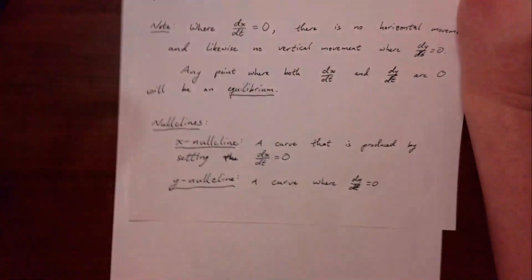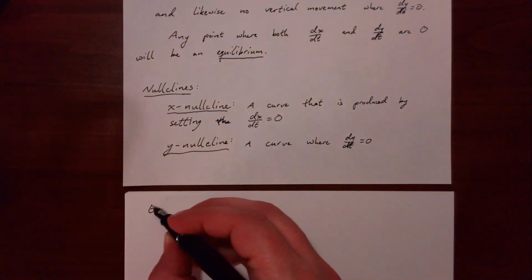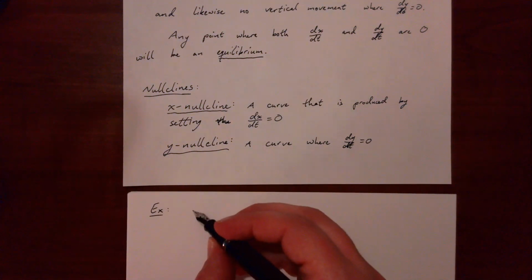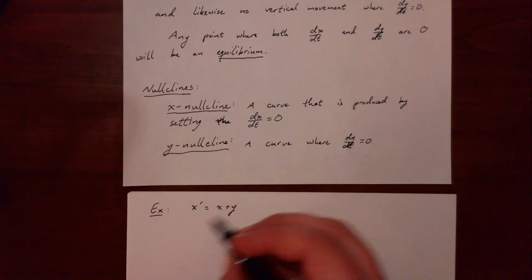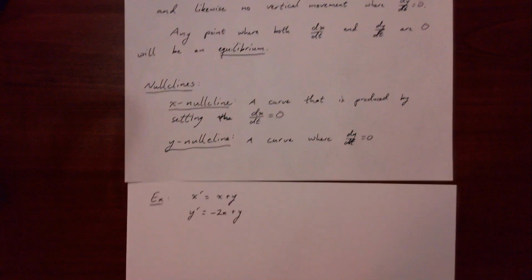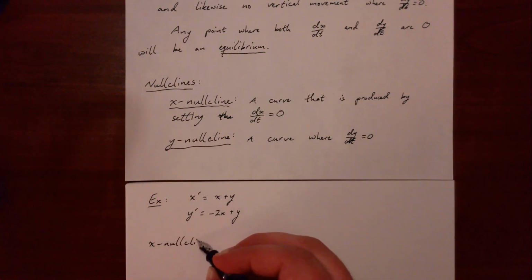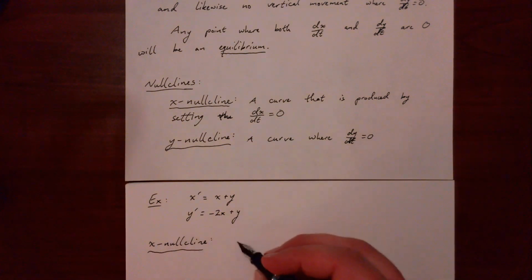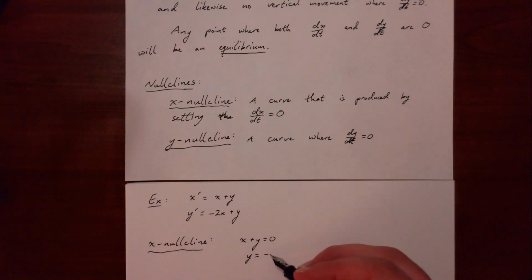So as an example, just something to get us started here. If we had x' equal to x plus y, and y' equal to negative 2x plus y, then the x nullcline, or in this case just nullcline, would come from x plus y equals 0, which then would just mean the line y equals negative x.